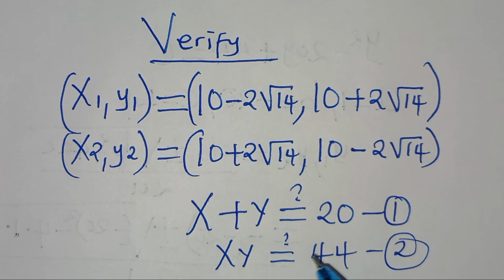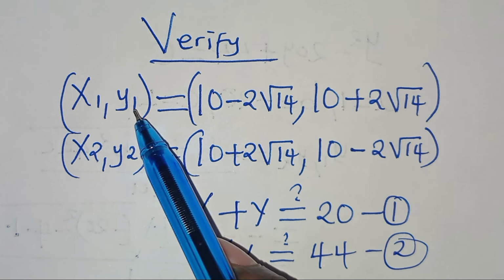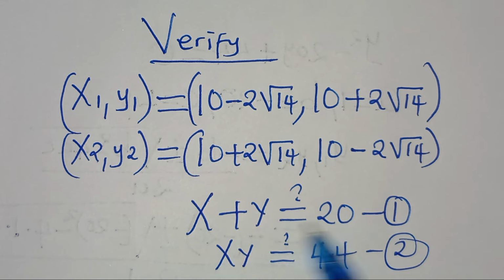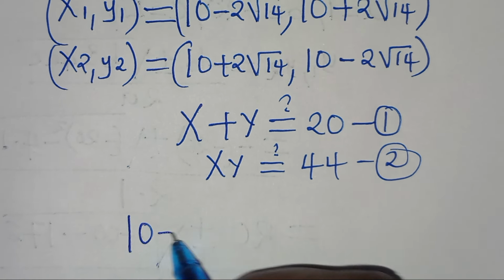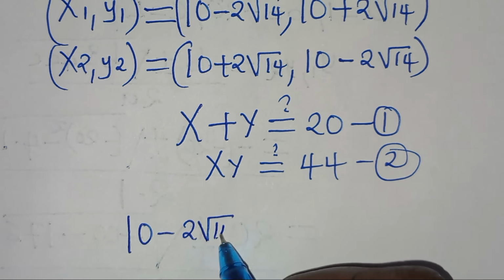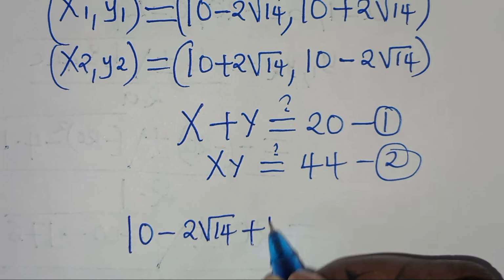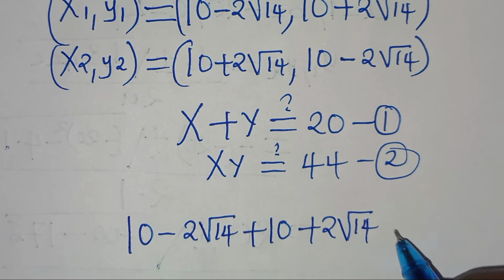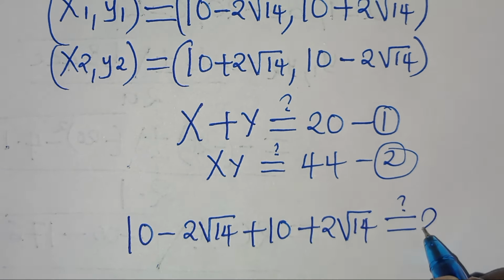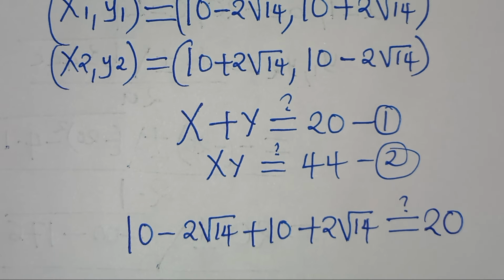Now let's verify x1, y1, by applying equation 1 here. So we have 10 minus 2 square root of 14, then plus 10 plus 2 square root of 14. This is supposed to give us a value of 20.